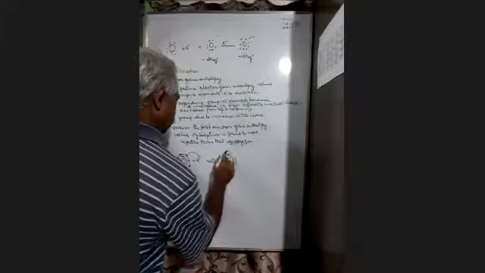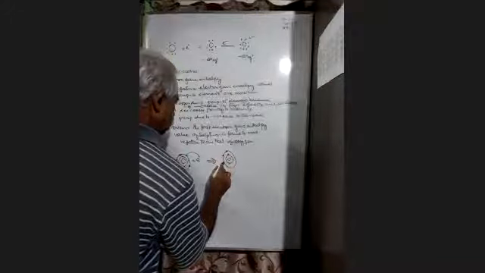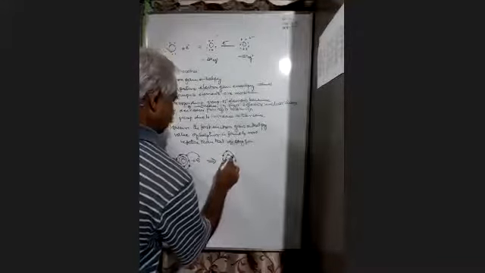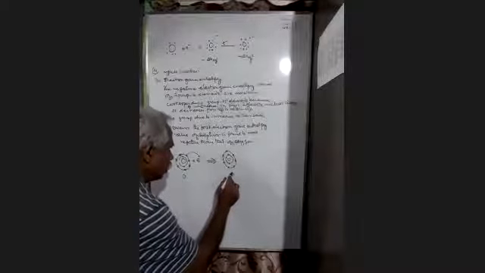You get 1, 2, 3, 4, 5, 6, 7. This is for oxygen, this is O minus. Now I go for sulfur.